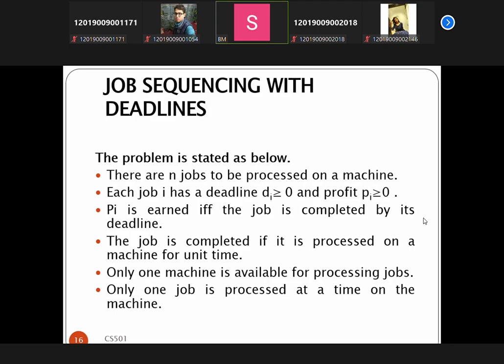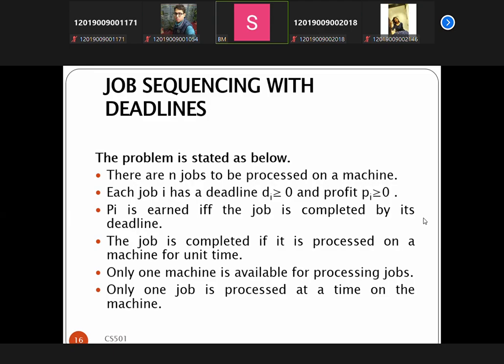If you cannot complete the job within the deadline, then you will not get the profit. It's like that you know everything. If you can answer those in the specific timeline in the exam hall, then only you will earn some marks or you can grab some job. Otherwise not.